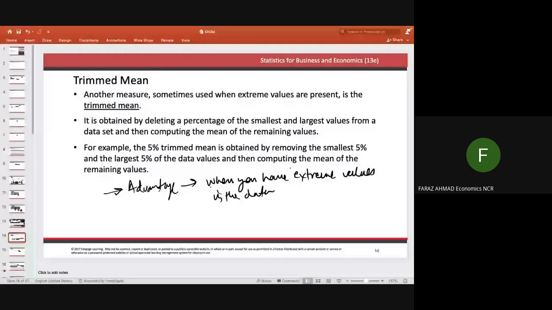Once they are gone, your mean is not affected by them. So that limitation of the mean, that it is affected by extreme values, you have dealt with it now when you calculated the trimmed mean. Right? So that's the advantage.